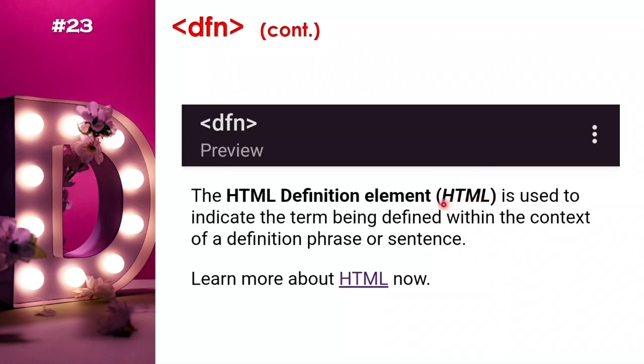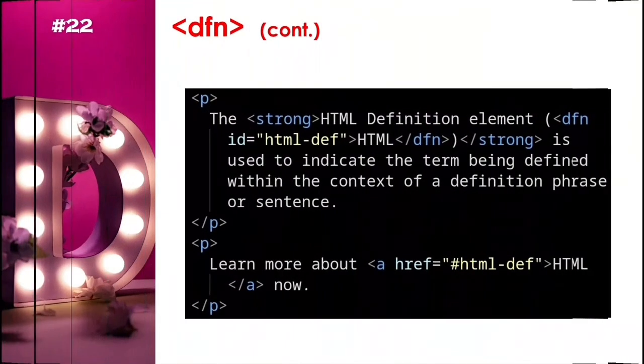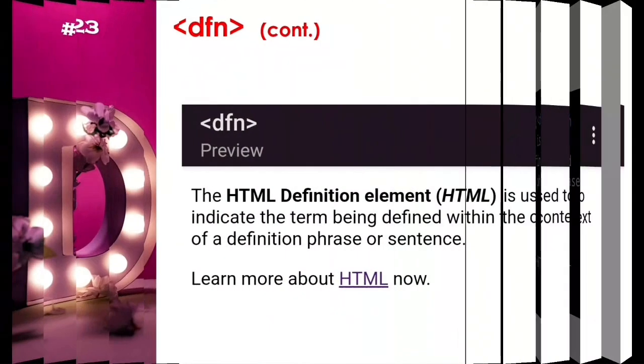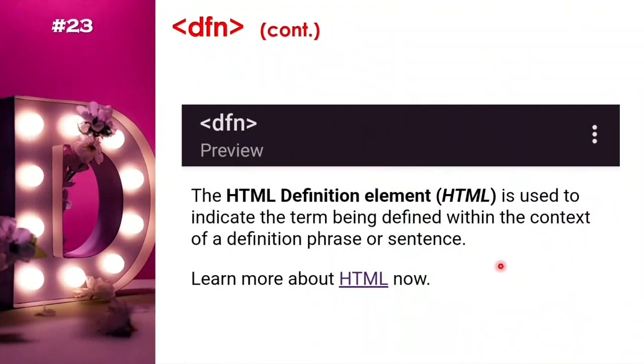Here we're just writing HTML and putting it inside. We don't really mean HTML here, we mean the HTML definition element. That's why HTML is written inside the define element, but then I have a title attribute, title, not ID, saying HTML def. That shows that I am defining the HTML definition element in this paragraph and the next couple of lines. That's semantic markup.